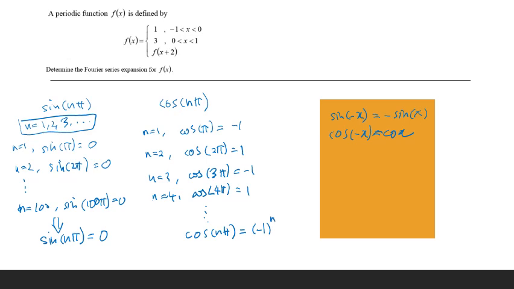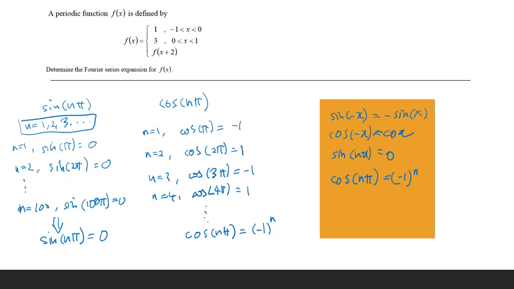When n is an odd number we get negative 1, and when n is an even number we get positive 1. So we have two formulas here: sine n pi equals 0, and cos n pi equals (-1) to the power n.